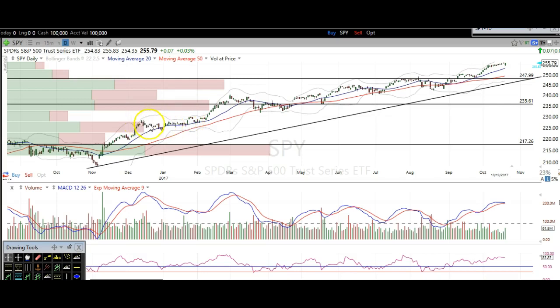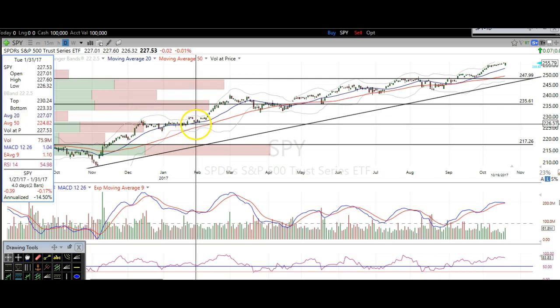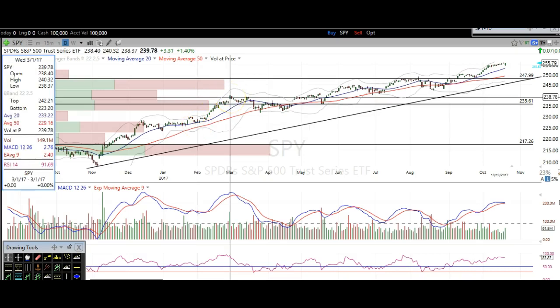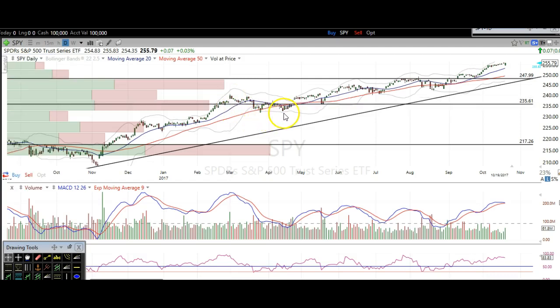Let's call this the low right here, the 1st of February, until right here we topped out at the 1st of March. So that's 1 month right there.